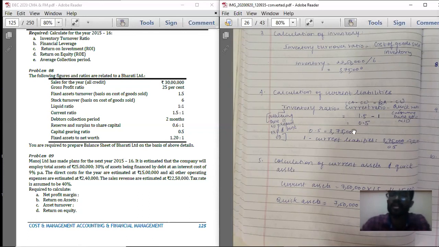Here we know inventory is 3,75,000. Current liabilities we don't know. So current liabilities is equal to 3,75,000 divided by 0.5.